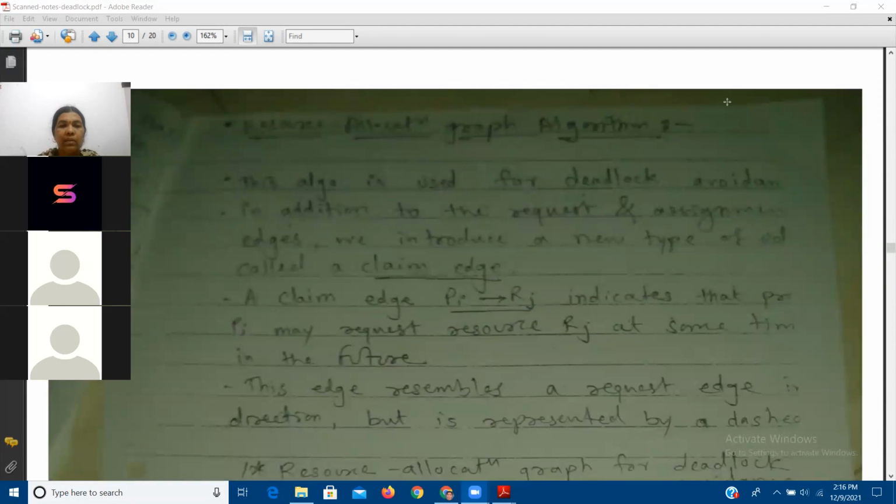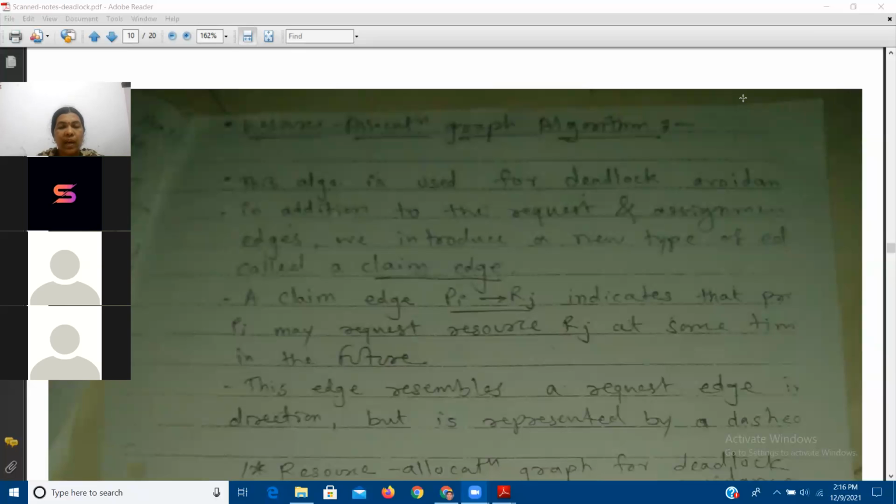Now write down the first algorithm under deadlock avoidance, that is the resource allocation graph algorithm. Note it down. This algorithm is used for deadlock avoidance. In addition to request edge and assignment edge, this algorithm introduces a new type of edge called a claim edge. The meaning of claim edge is given over here.